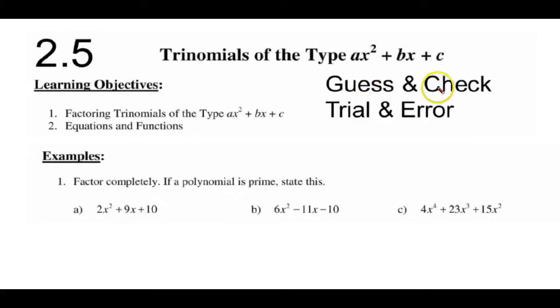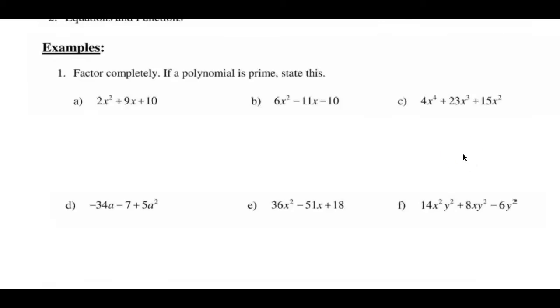And even though we used these techniques in the previous lesson a little, we'll have to use them more. Guess and check, trial and error. So the same protocol will be used that we used before. Let's raise it up and get started.